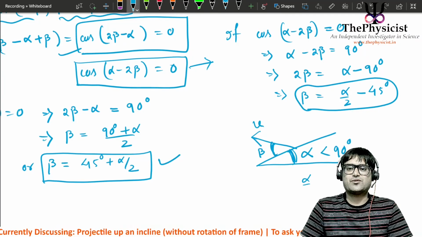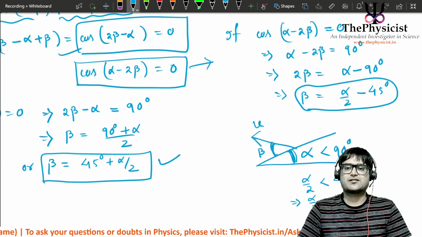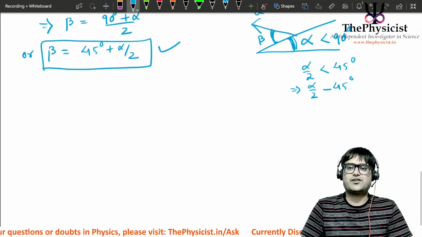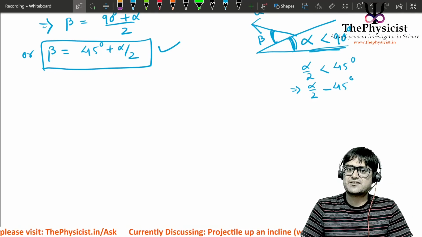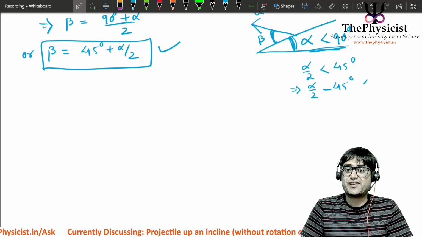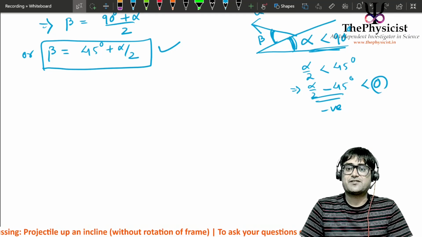So alpha by 2 will always be less than 45 degrees. Alpha by 2 minus 45 degrees will be less than 0. That's basically this value is negative, right?